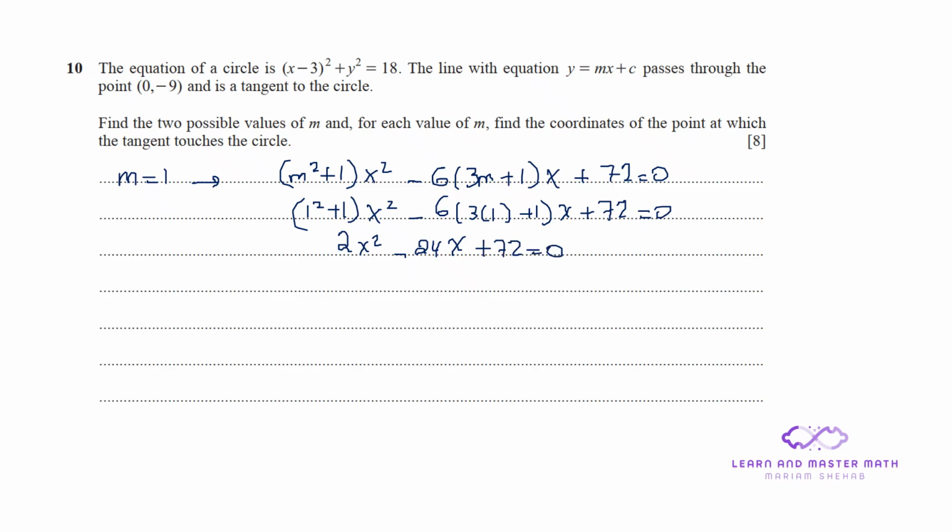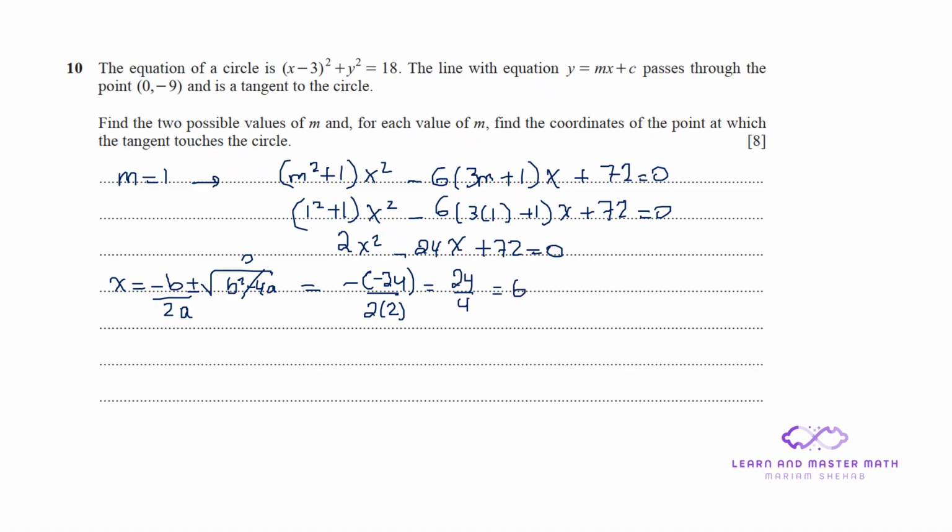Using the quadratic formula, x equals negative b plus or minus root of b squared minus 4ac, well, this will be a 0 here, over 2a. This will be negative negative 24 over 2 times 2, which gives us 24 over 4, which is 6.